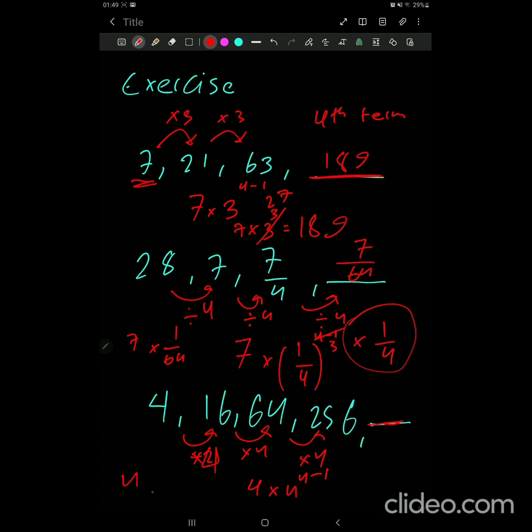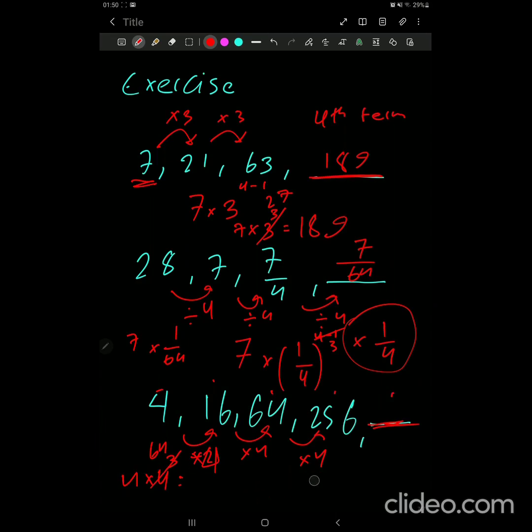So 4 times 4 to the power of 3, which will be 64. 64 times 4, sorry, this is the fifth term, because first, second, third, fourth, fifth.